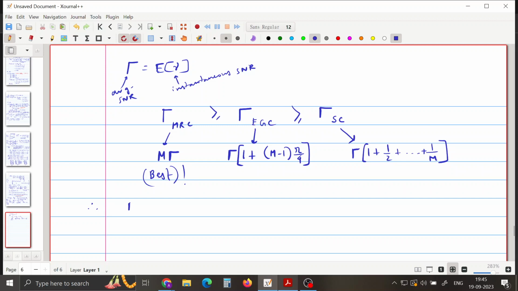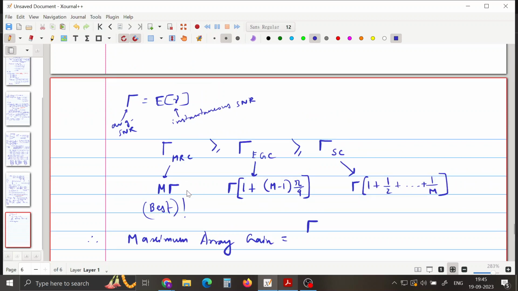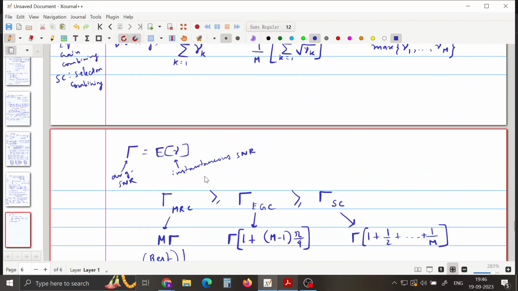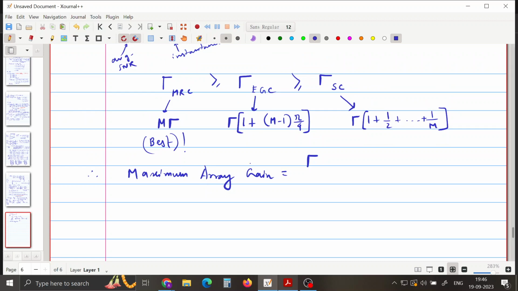So using MRC, the maximum array gain factor that is possible is your gamma diversity by gamma. That's the definition, right? I wrote for array gain in the beginning, gamma diversity by gamma, which is the best that we obtain for gamma MRC, divided by gamma.